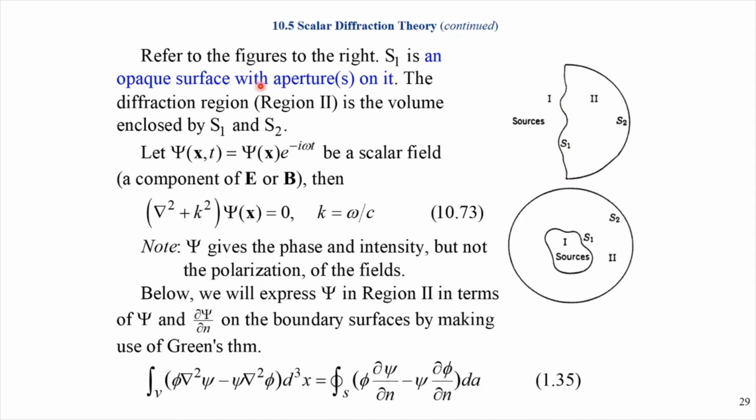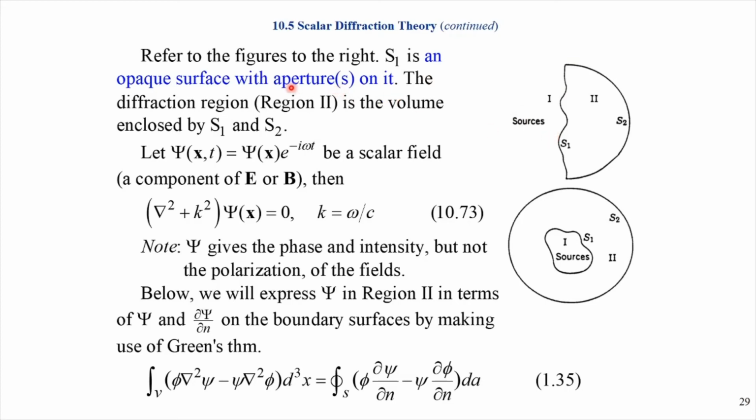But we have some apertures, one or two or three or more. If we have one, it looks like a single slit. If we have two, it looks like a double slit. And if we have a lot of them on the screen, it looks like a grid.